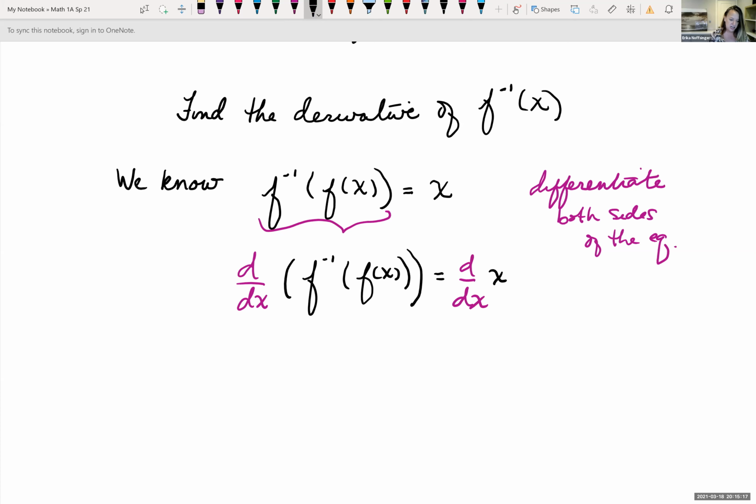So using the chain rule, we know our outer function is this f inverse. So we're going to look at f inverse, the derivative of that, of the inner function. Well, our inner function, right, is f of x.